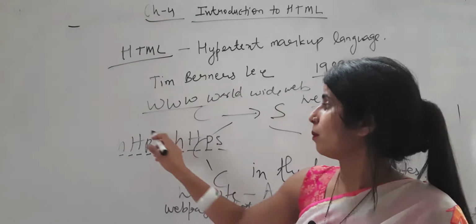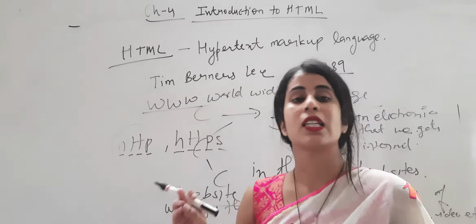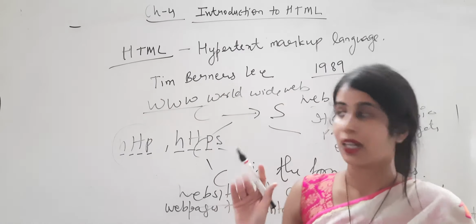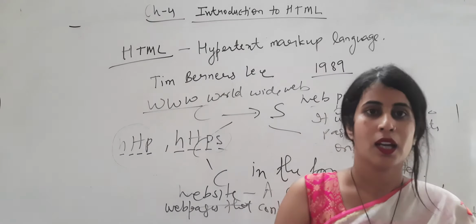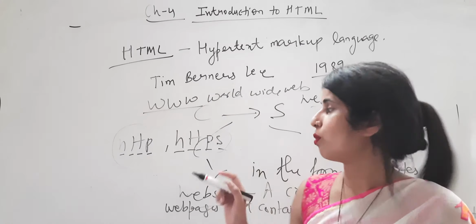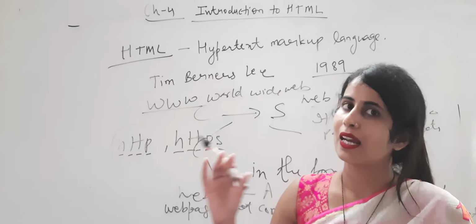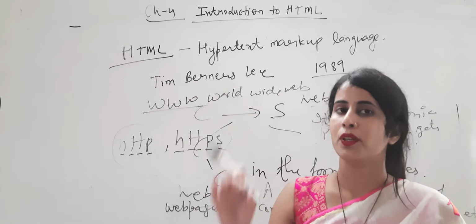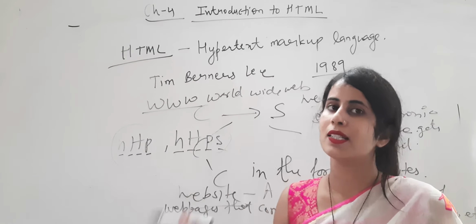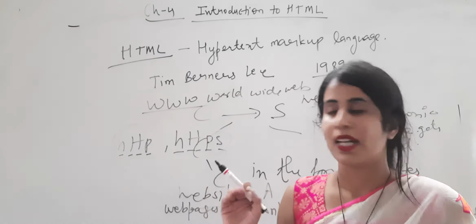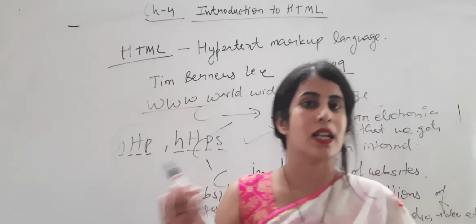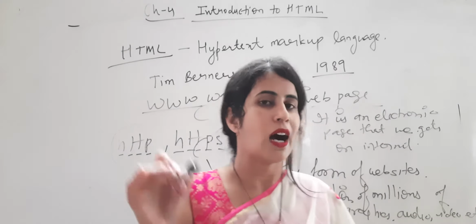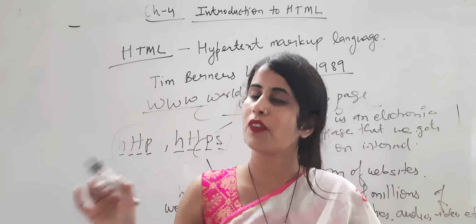If HTTPS is there, it is a secure link, secure address, secure URL. If HTTP is there, it is not a secure link, it is an insecure link. S stands for security. So we should all use HTTPS as the address when asking for the details of a particular website. After HTTPS we write the address of the website.